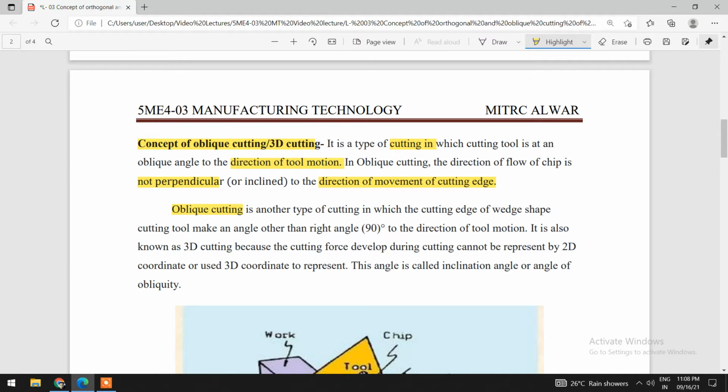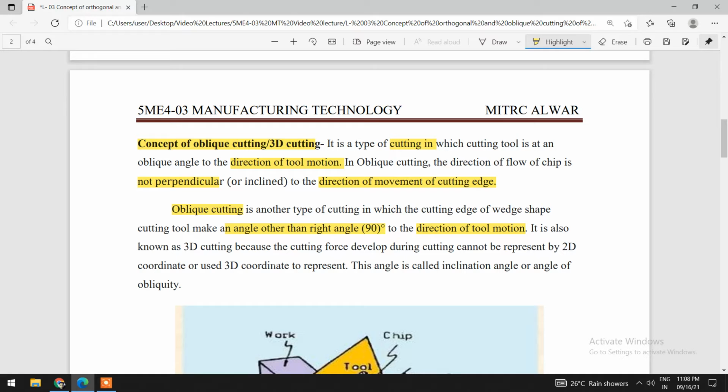It is another type of cutting in which the cutting edge of the wedge shape cutting tool makes an angle other than 90 degrees, meaning it is not perpendicular to the direction of tool motion.